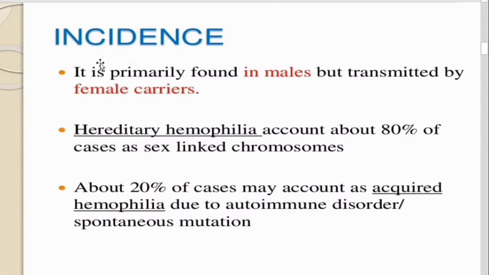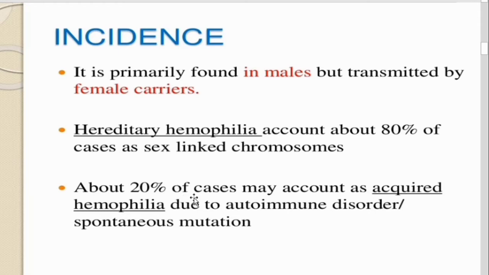Incidence of hemophilia. Incidence means the rate of occurrence. It is commonly found in males, but it is transmitted by female carriers. Hereditary hemophilia is about 80% of all cases of hemophilia, and it is linked with the sex chromosome. The X chromosome is responsible for hemophilia.